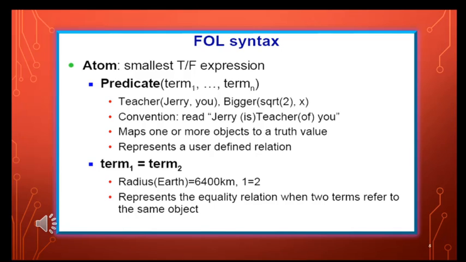Teacher and sister are predicate symbols; Jerry, you, Jane, and Joan are terms. Another kind of atom is an equality relationship. It contains term equals term. For example, radius(Earth) equals 6,400 kilometers.